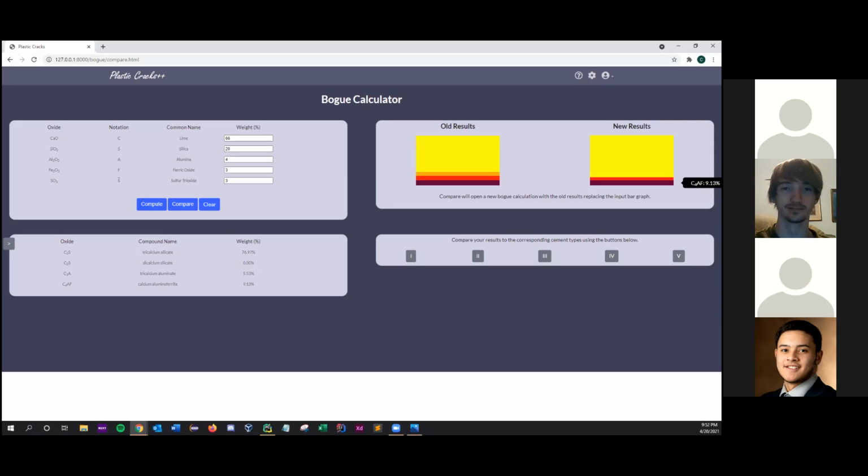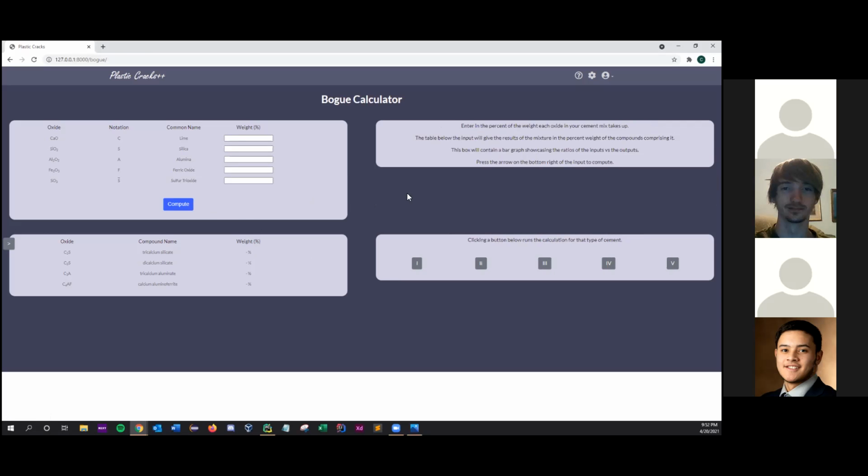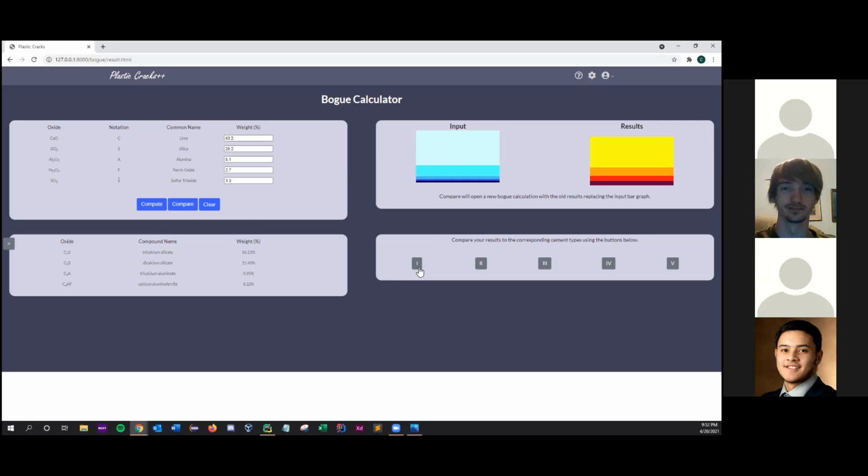Now if we hit clear, this will take us back to the home page of Bogue. And to demonstrate the buttons on the bottom right, these buttons represent the 5 different types of cement. Type 1 is Portland cement, so if we click that, it gives us preset calculations for the average inputs of that type.